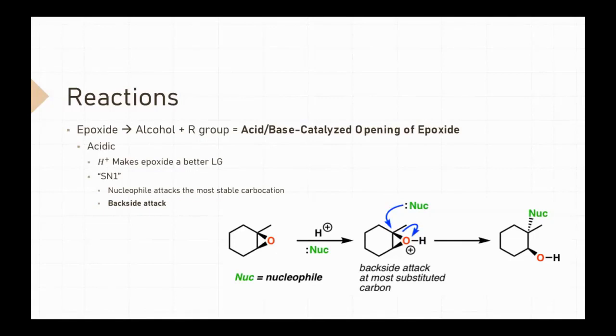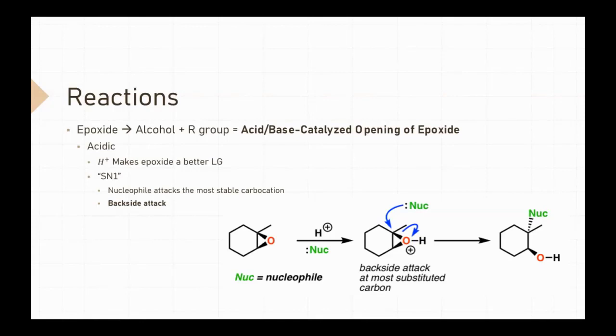Now, you might be wondering, why not the bottom side, bottom carbon? Well, when this epoxide becomes a good leaving group, it undergoes an SN1 reaction. Remember SN1 versus SN2: SN1 is a two-step reaction where you make a carbocation intermediate.